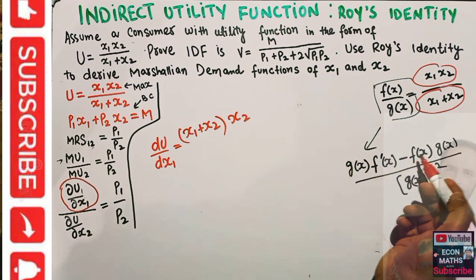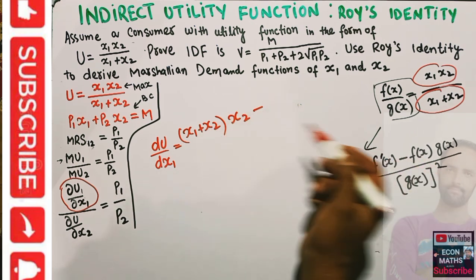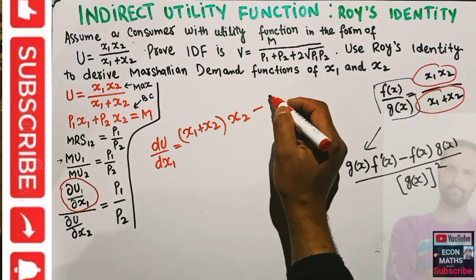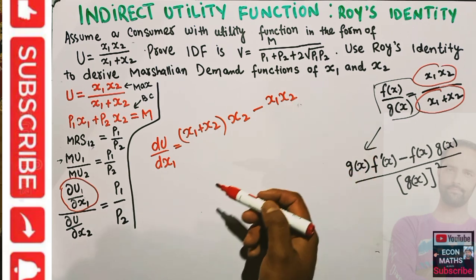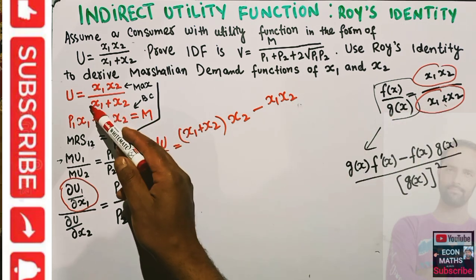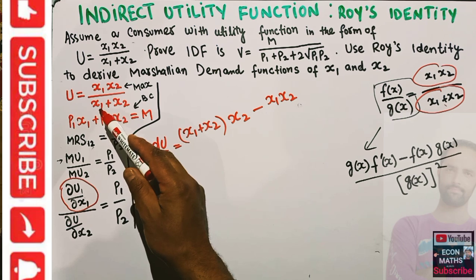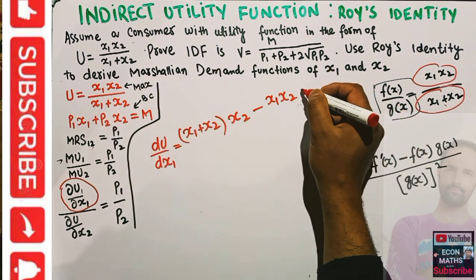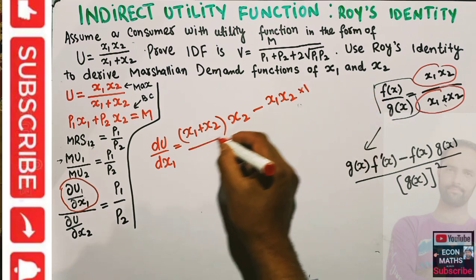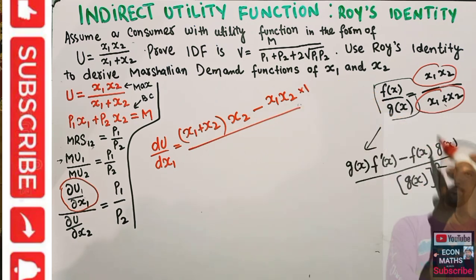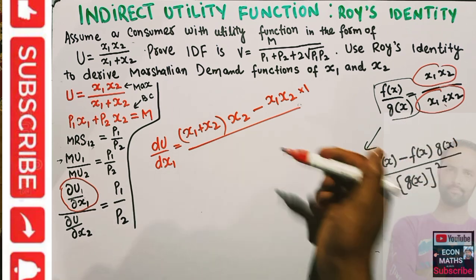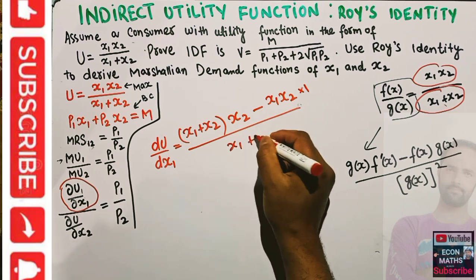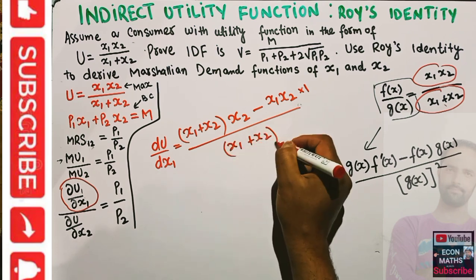Then minus f of x, which is x1 x2, times the derivative of g of x with respect to x1, which is 1. Divided by g of x square, which is x1 plus x2 whole square.